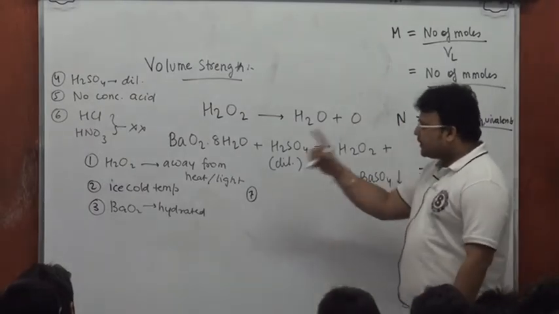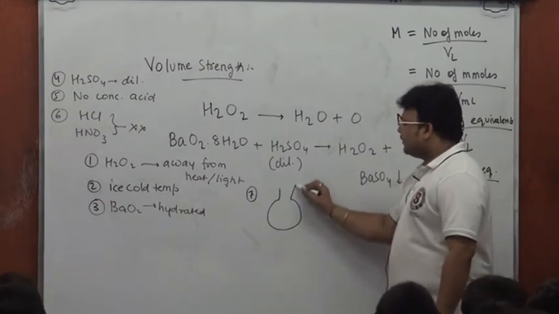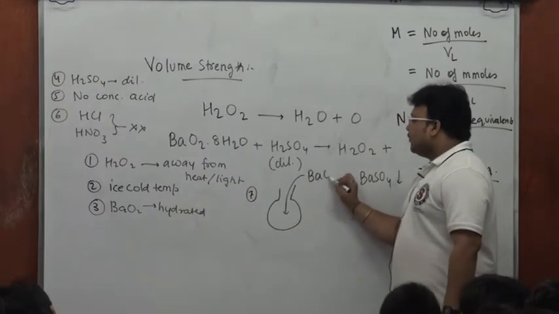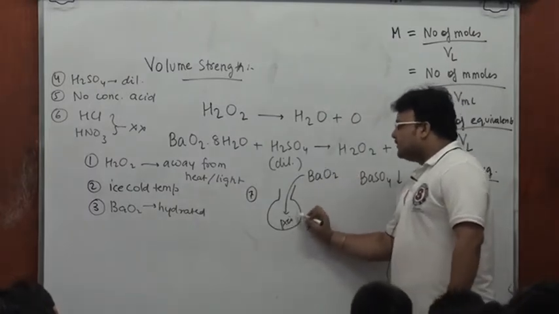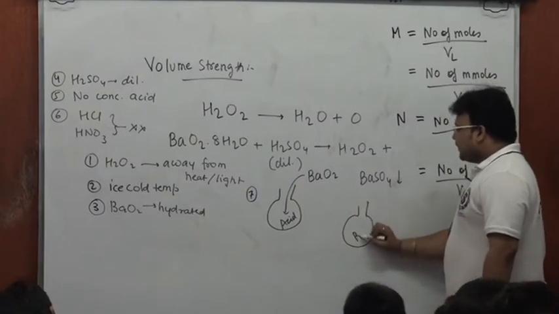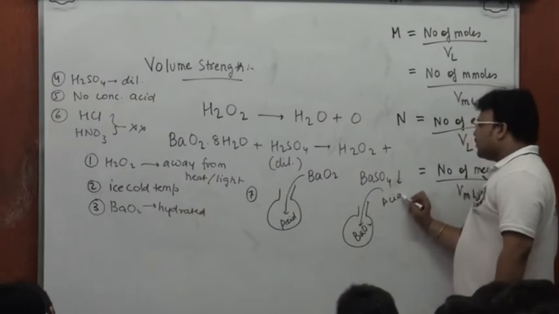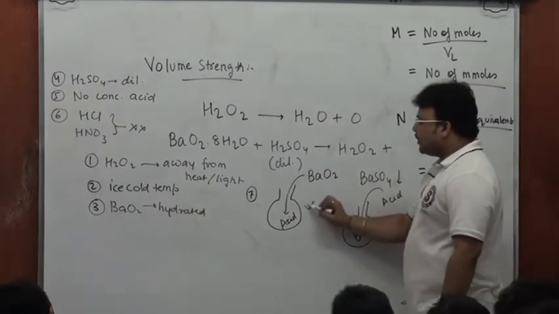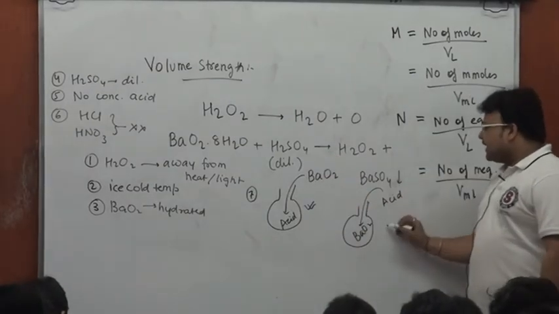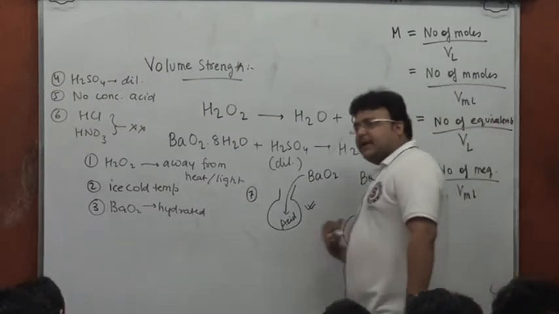Every time, the convention would be, you will want to add barium peroxide to acid, and never acid to barium peroxide. So this is what is going to be observed. Every time you will want to add barium peroxide to acid, and you will never add the acid to barium peroxide. This will never happen. This will not be entertained.